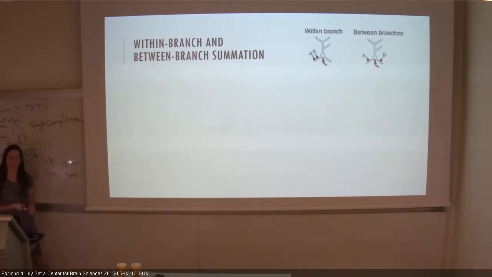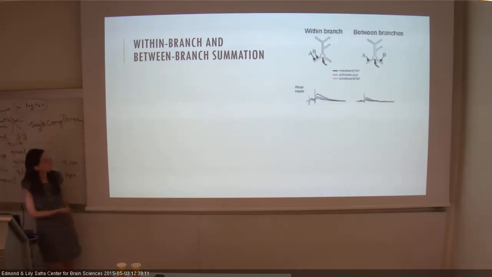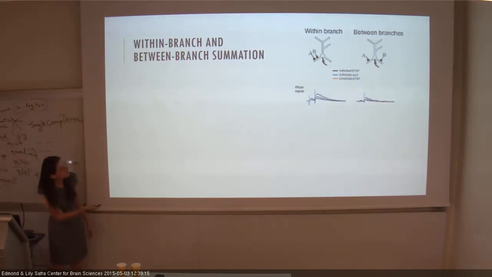And again, the voltage will be measured at the soma. So now they can start giving inputs to the cell and see what's going on. So here we see what happens when there are weak inputs received to the cell. What you can see in black are the two separate traces. First they just stimulated A, measured what happened at the soma, the EPSP.